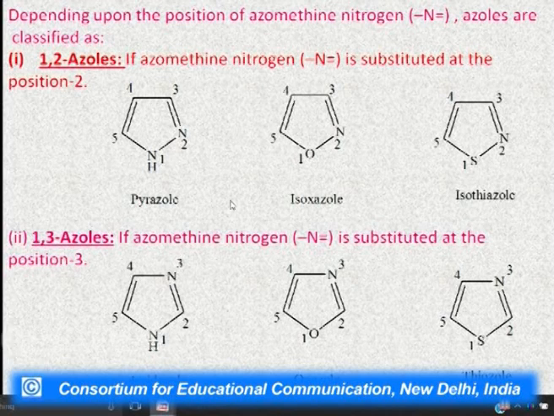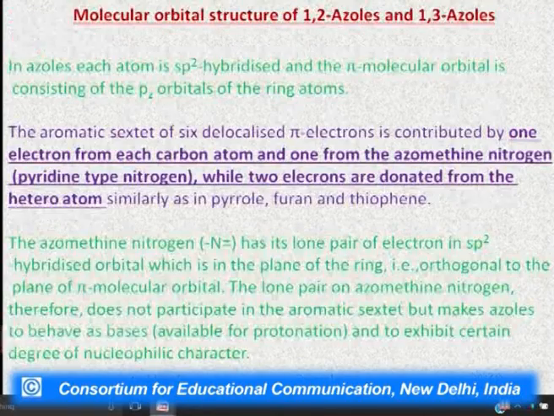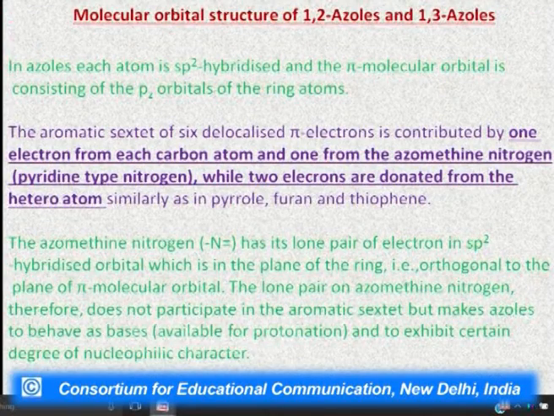These azoles can be 1,3 azoles. In case of 1,3 positions, if both heteroatoms are nitrogen, it is called imidazole, and if oxygen is present, it is called oxazole, and if a sulfur heteroatom is present in combination with nitrogen at 1,3 position, it is called thiazole.